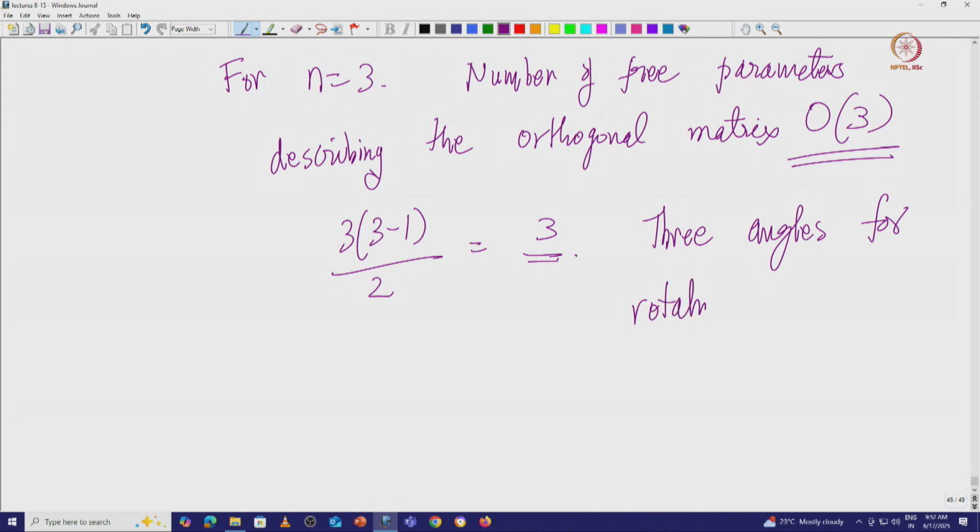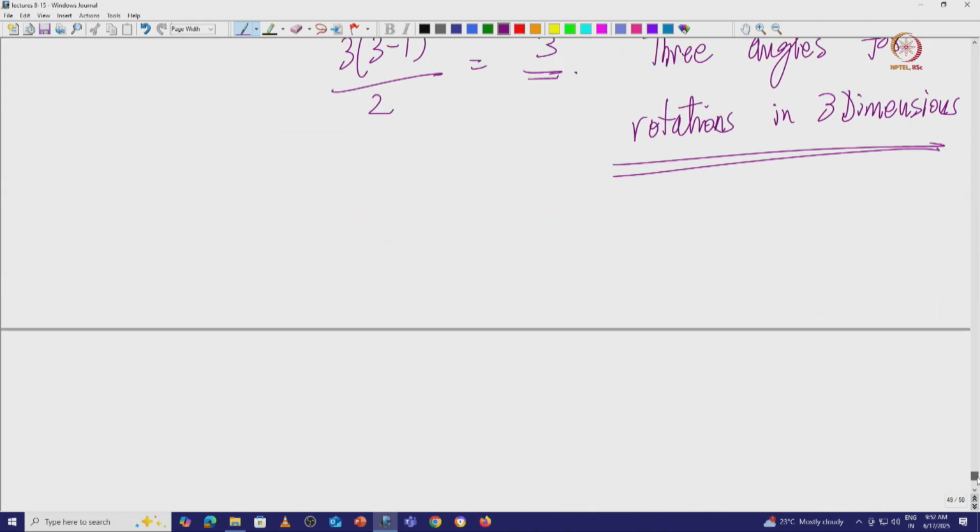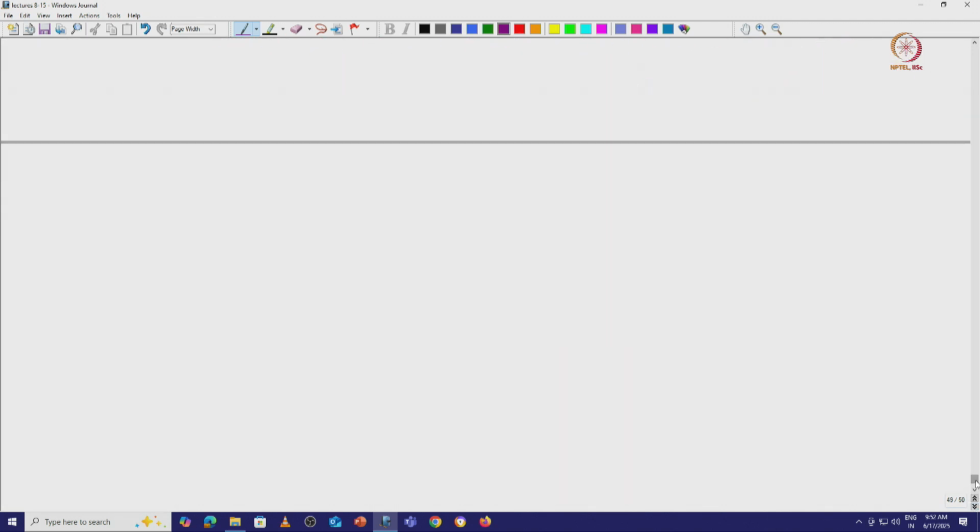Rotations in 3 dimensions. So 3 angles for rotations in 3 dimensions. So if you have a 3-dimensional space, let me see if I can draw it.